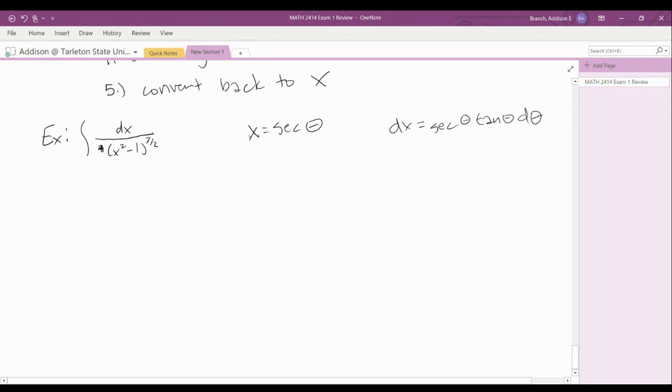So our first step, like we said, is to apply our substitution, converting everything into terms of theta. Our dx now goes to secant tangent d theta, and then we plug in secant squared for our x squared.